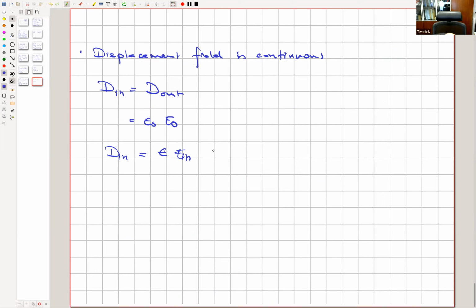Pulling these together, the electric field inside is the displacement field inside divided by epsilon, which is the same as D in, and D in is epsilon naught E naught. So indeed we get epsilon naught over epsilon times E naught.